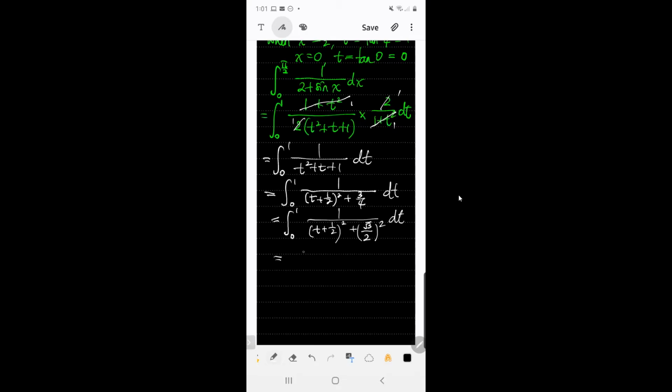You will get 2 over root 3 tangent inverse of 2 over root 3 times t plus half.